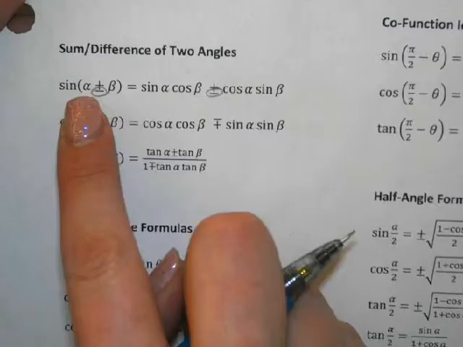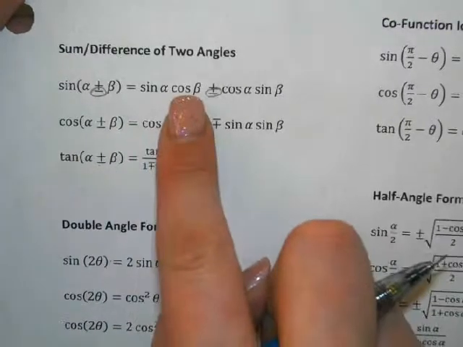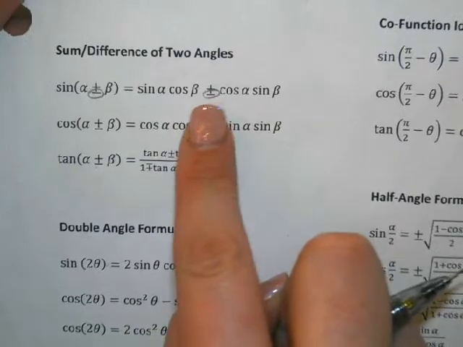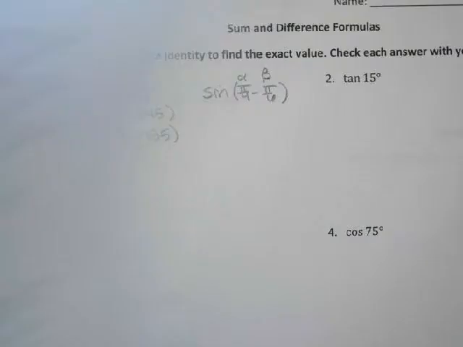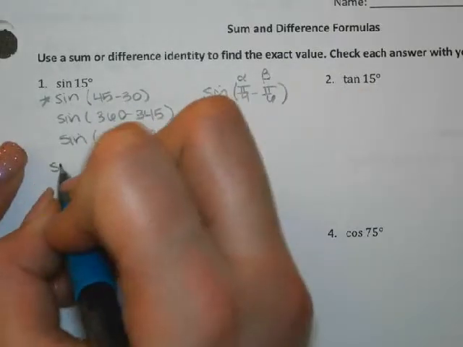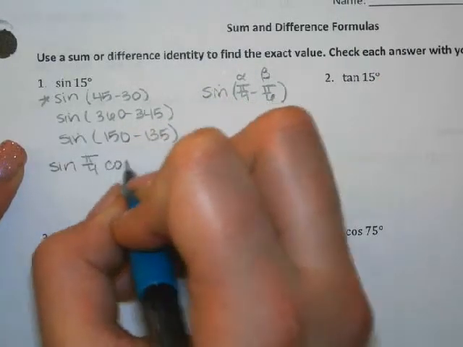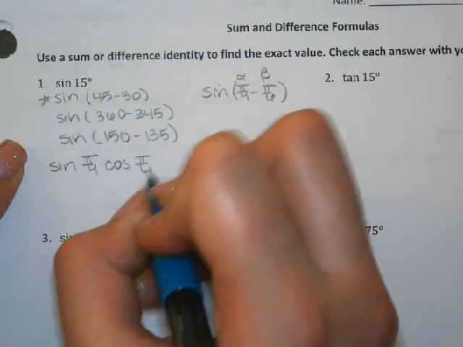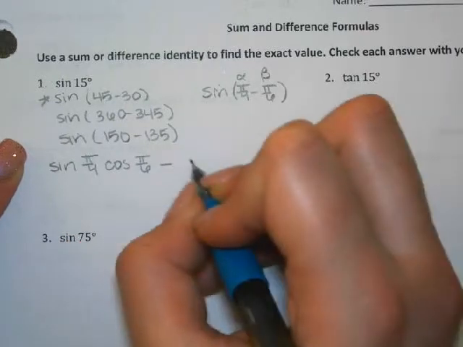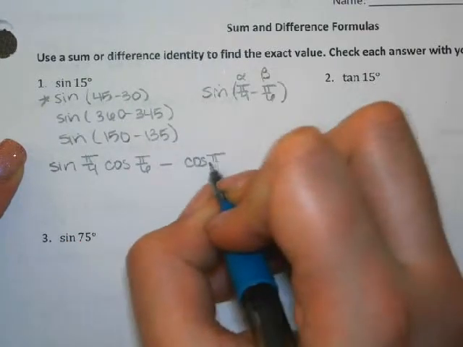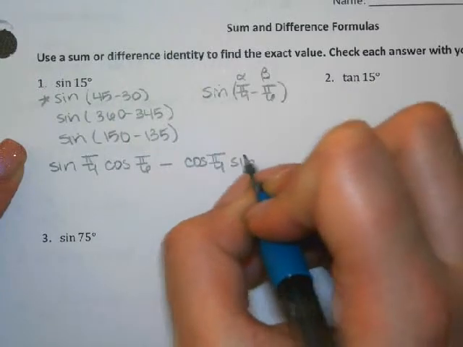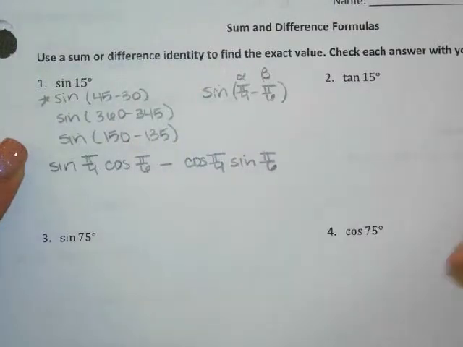So first we write sine alpha cos beta, and then we have minus cos alpha sine beta. So sine alpha is pi fourths, cos beta would be pi sixths, and then minus cos alpha, so cos pi fourths, sine beta, so sine of pi sixths.